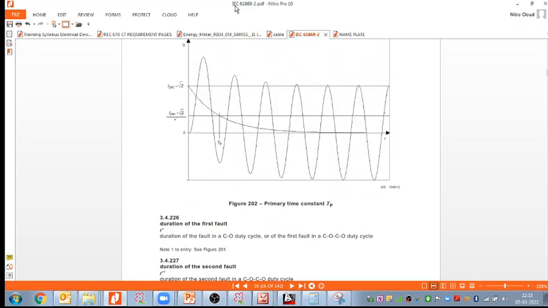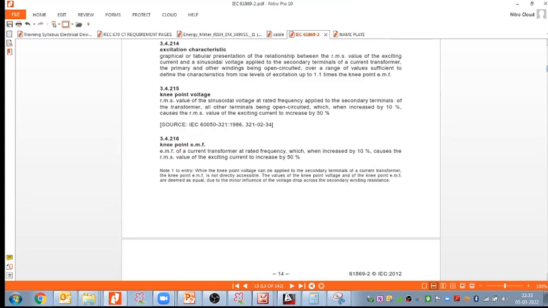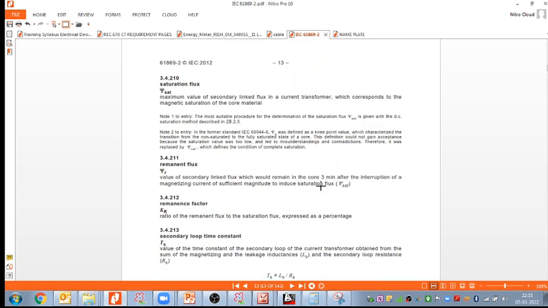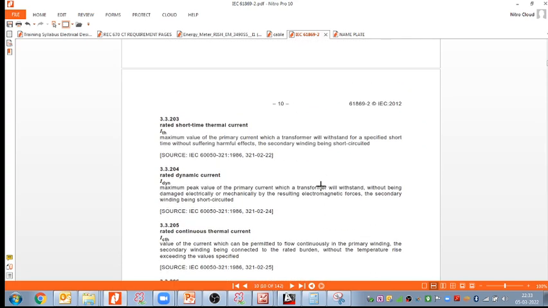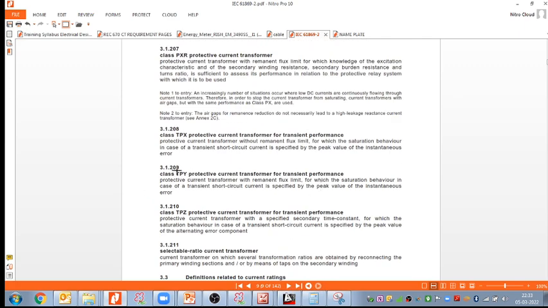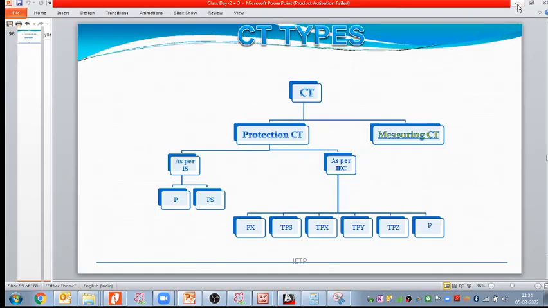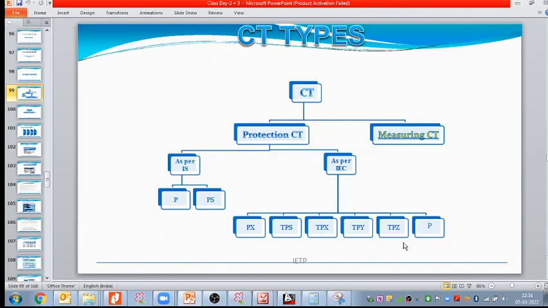So you can go through it and see this TPX, TPY and TPZ.